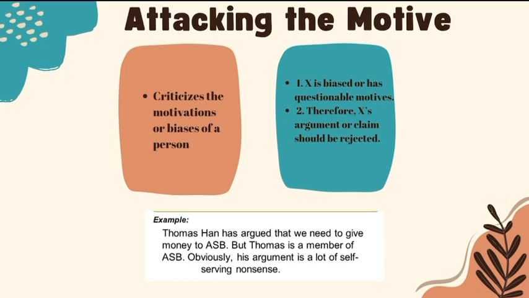Attacking the motive is a logical fallacy in which an arguer questions or criticizes the motivations or biases of a person making an argument rather than addressing the quality or validity of the argument or claims itself.